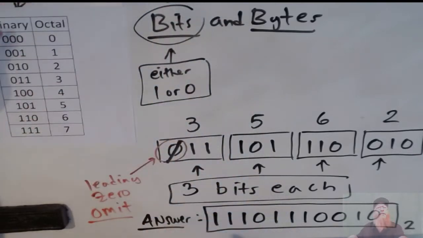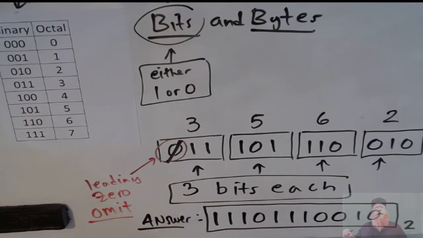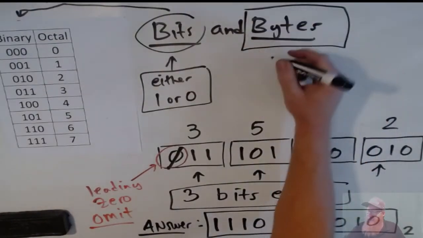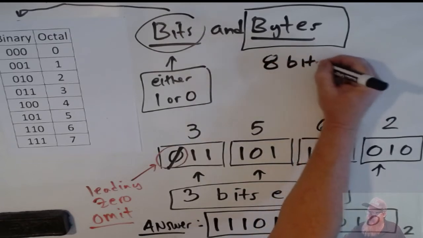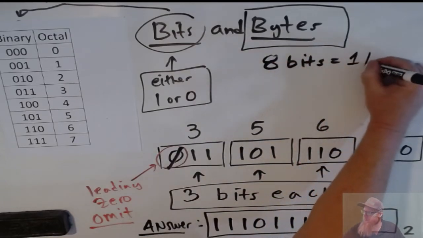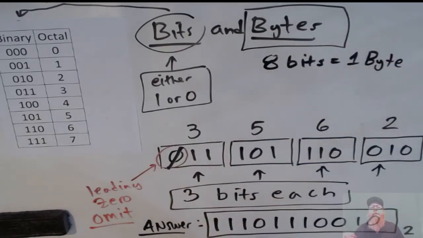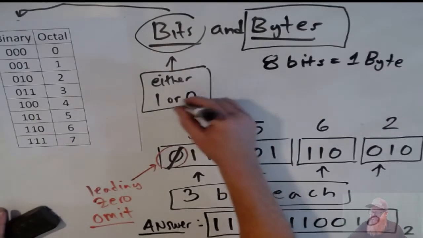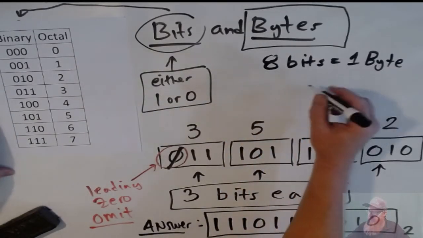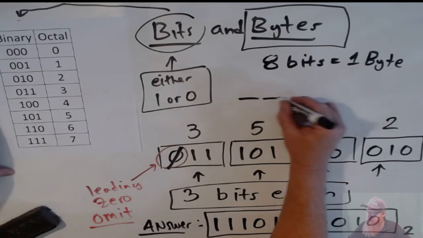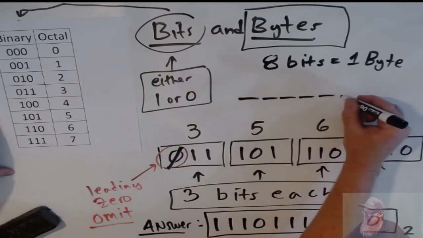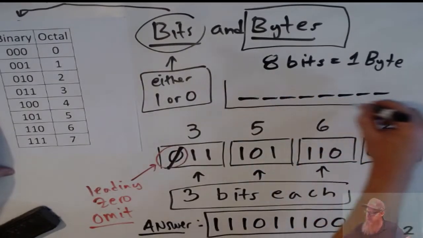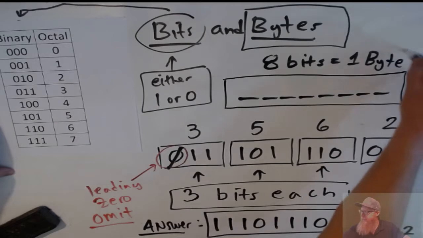Over here in the binary system, a bit is either a 1 or a 0. And computers like to gather them together. 8 bits equals 1 byte. So the way a computer works is it takes these symbols that are either 1 or 0 and puts them into groups of 8. This is called a byte.